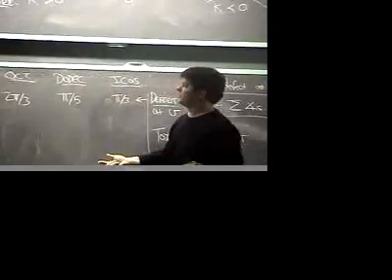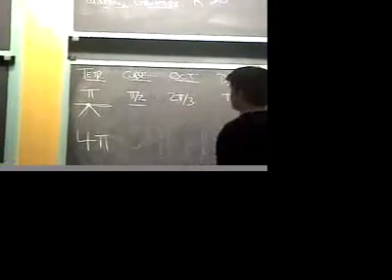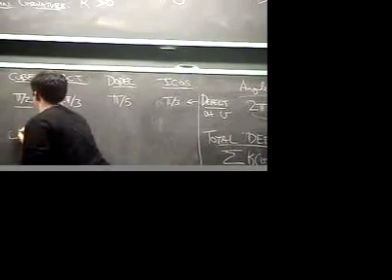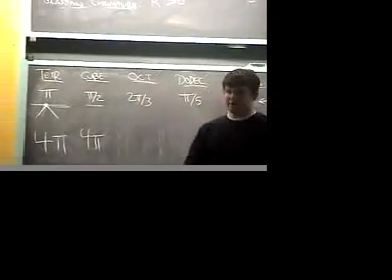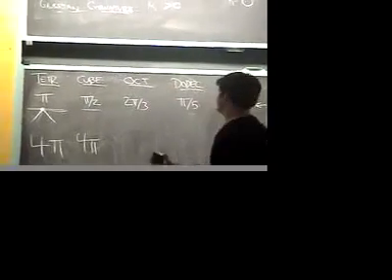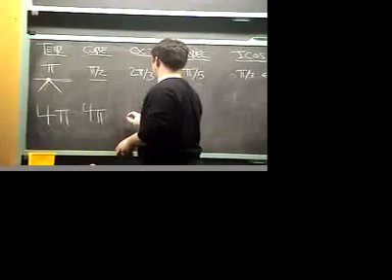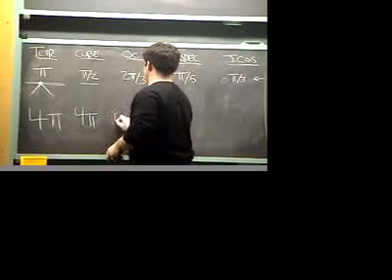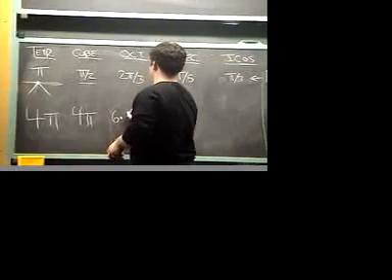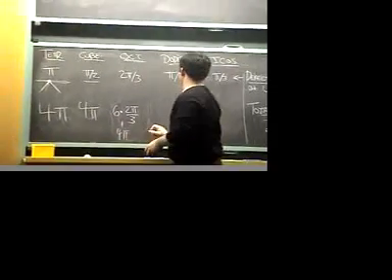For the cube, how many vertices are there? There are 8. So 8 pi over 2 is 4 pi, and so on. For the octahedron, I've got 6 vertices. 6 times 2 pi over 3 is 4 pi.